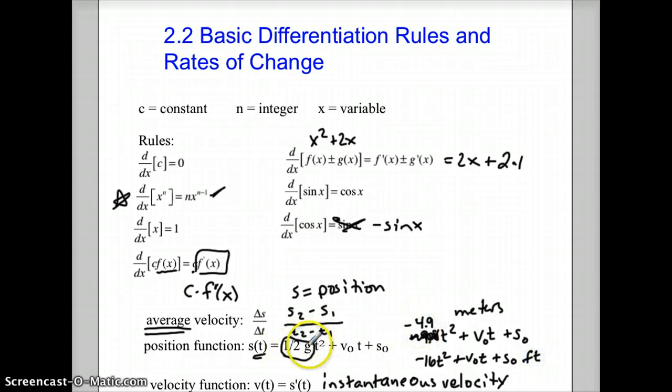Half the pull of gravity is negative 4.9 meters, and negative 16 is if you're working in feet, because negative 32 feet per second squared is the pull of gravity in feet. These two formulas we're going to use a lot. They may not give you the equation, so be familiar with it and know it, even if they don't give it to you.